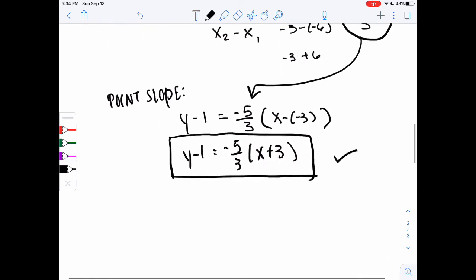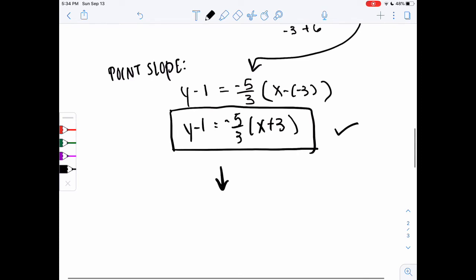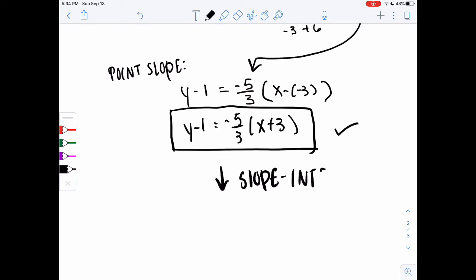If you're being asked to graph it, it might be easier to move it into slope-intercept form. And that's really easy to do. We're just going to get y by itself.